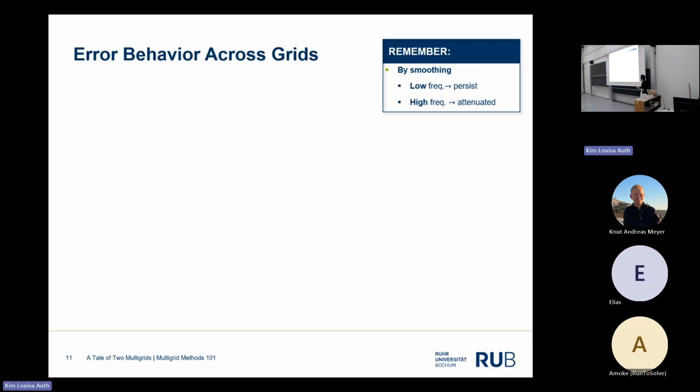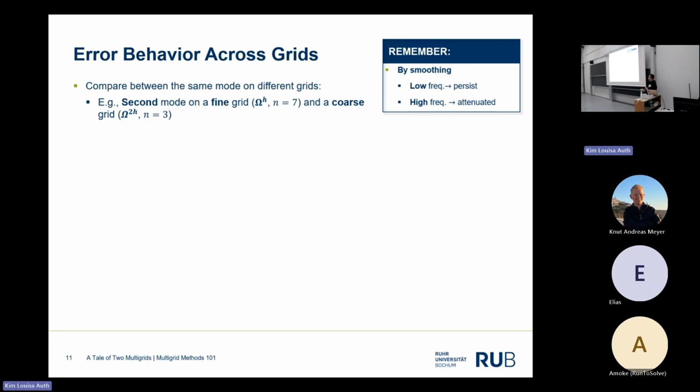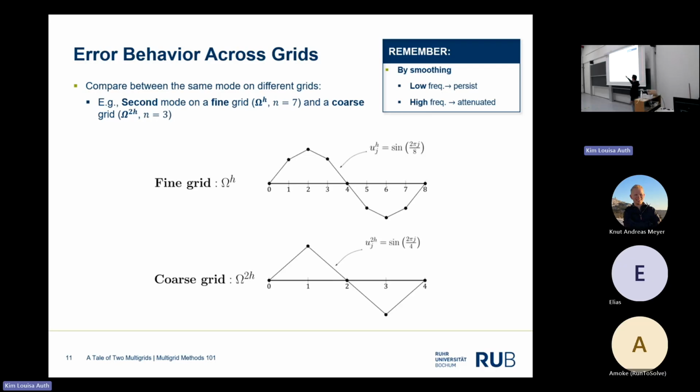And for doing so, we consider yet another comparison, but this time we take the same error mode and compare it on two different grids: the fine grid omega h and the coarse grid omega 2h. Moreover, we define two operators: the prolongation operator, which takes the error mode from the coarse grid to the fine grid, and the restriction operator, which does the opposite.